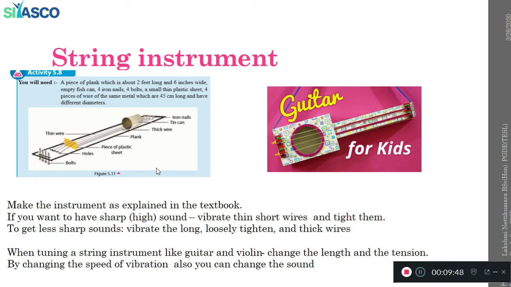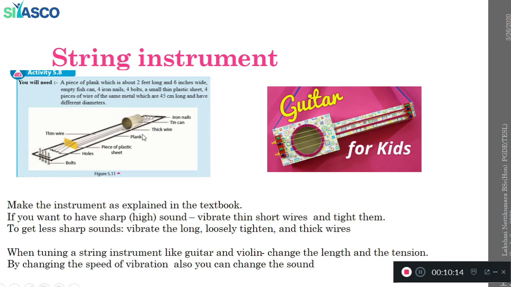The only factors you can change here are the length of the vibrating part of the wire and the tension of the wire. To change the vibrating part, you have to remove the plastic bridge. To change the tension, you have to tighten or loosen the wire which was coiled around the iron nails.